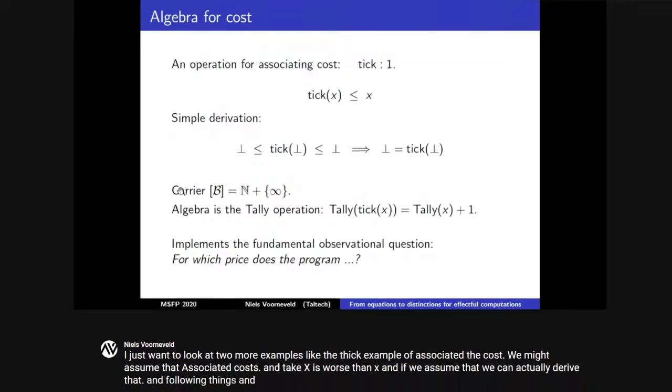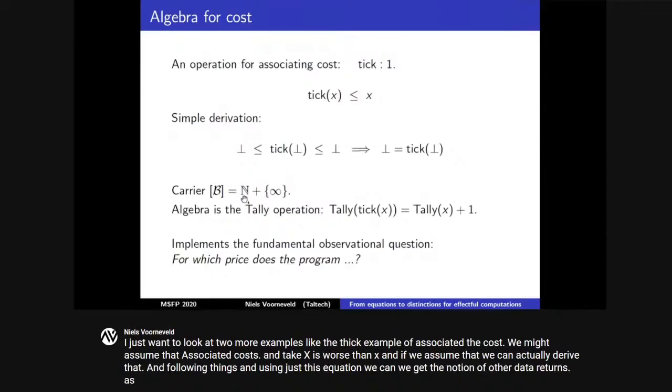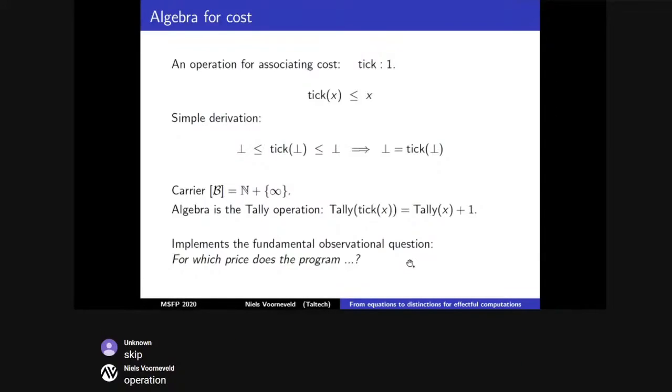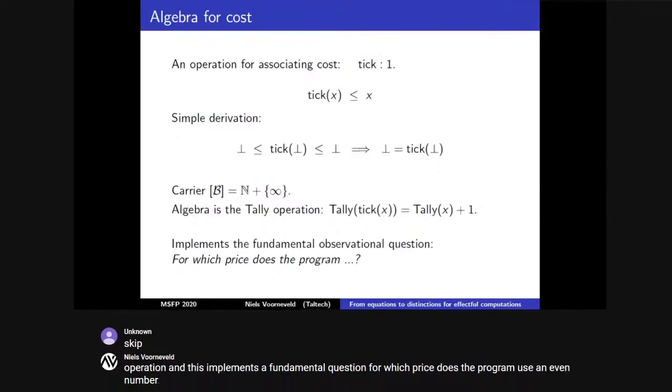Using just this equation, we get the notion of algebra that returns as a carrier certain costs until we get termination, or divergence, which is the carrier set, and as algebra you get the tally operation. And this answers a fundamental question: for which price does the program produce an even number? Assuming that if it doesn't produce an even number, the price is infinite, basically.